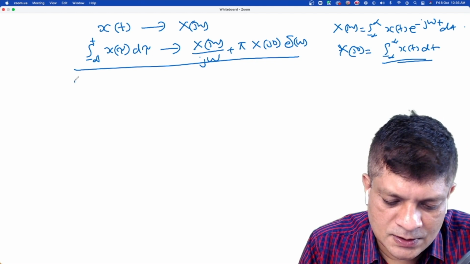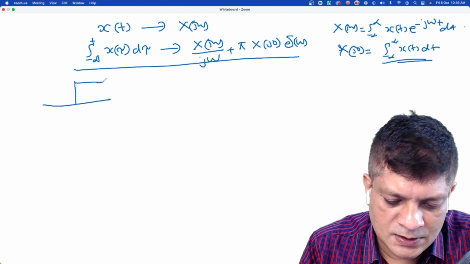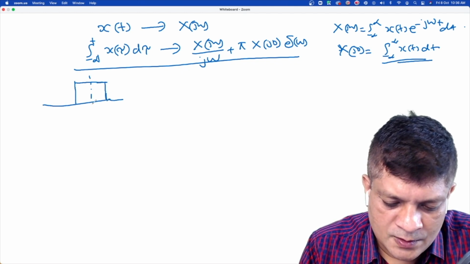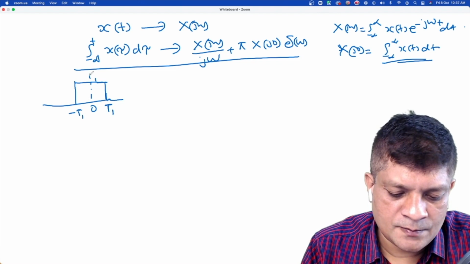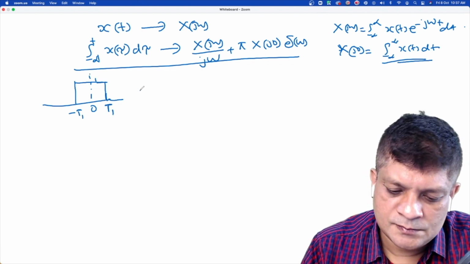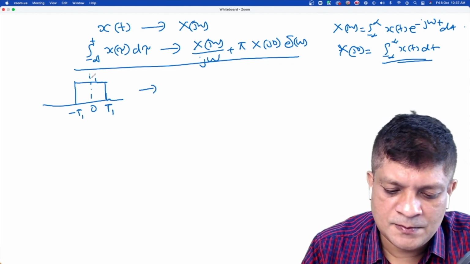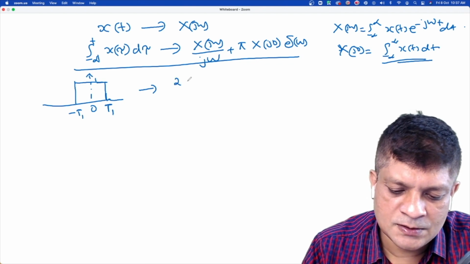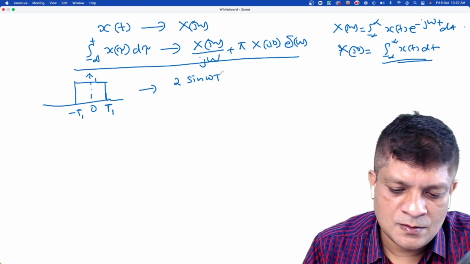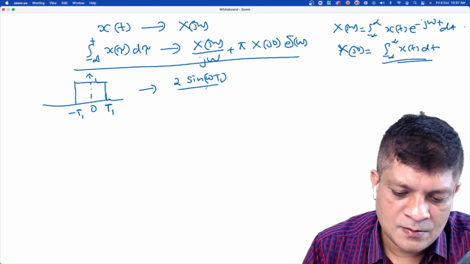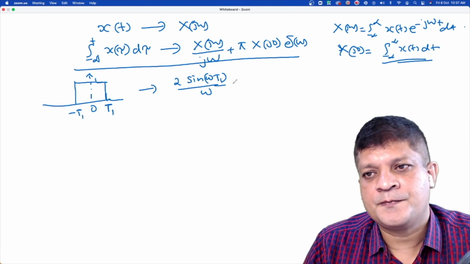Now let us consider an example. This standard result we already know: the rectangular pulse from minus t1 to t1 with height 1. What is the result? That standard result is 2 sin(ωt1) by ω, is it this?